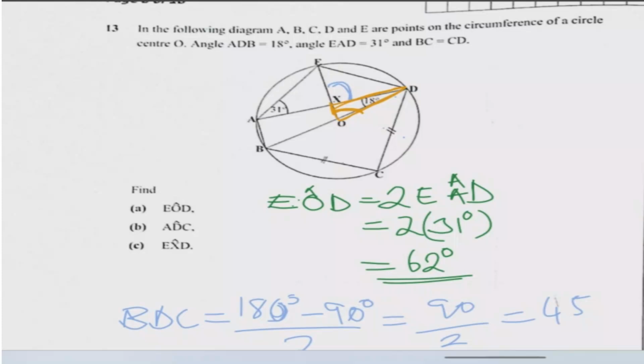Let me first draw this and magnify it here. We have D here, then X, then O. We found this angle to be 62 degrees, and this angle, as you can see, is 18 degrees. So what we are asked is to find this angle on this diagram.